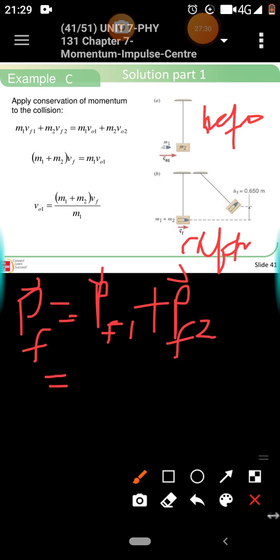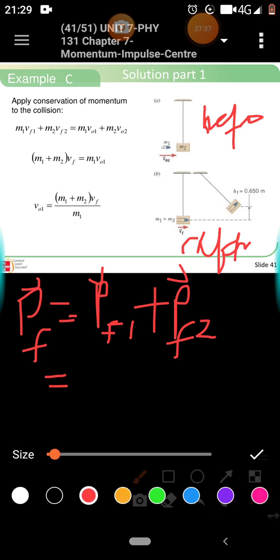As you can see, now they're stuck together. This is an example of an inelastic problem. So we don't need to use the kinetic energy conservation here.